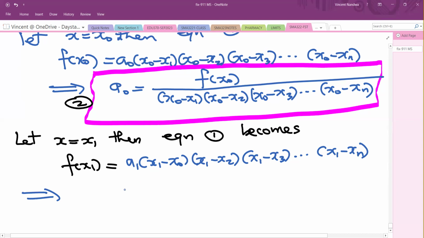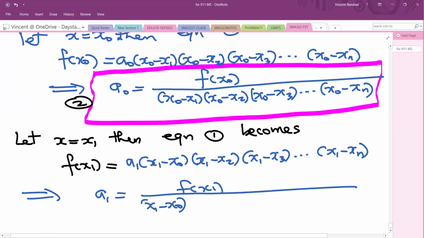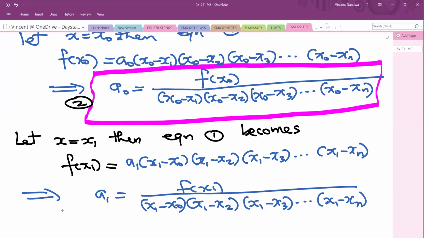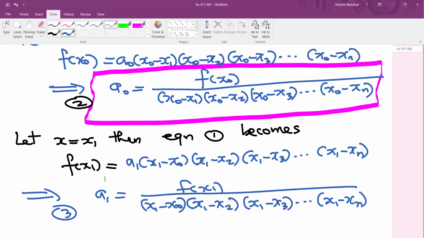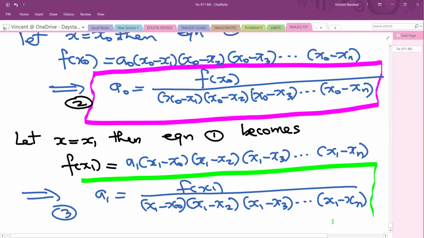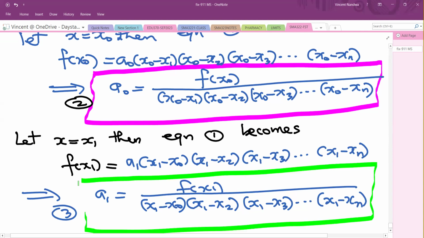And when you make a1 the subject, you get a1 equals f of x1 divided by x1 minus x0, x1 minus x2, x1 minus x3, all the way up to x1 minus xn. Call this one 3. So this is the value of the unknown constant a1.